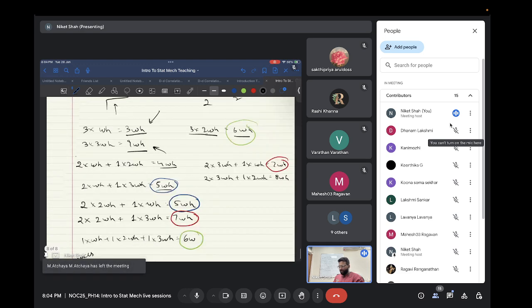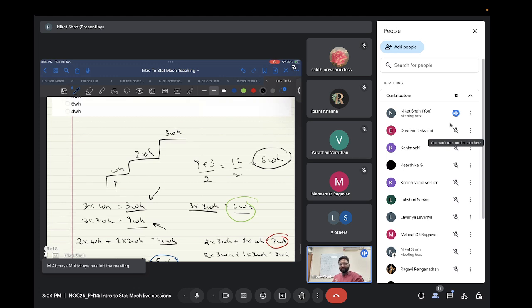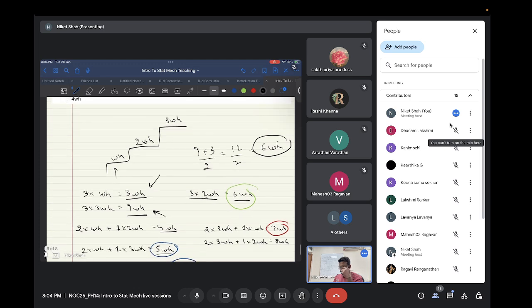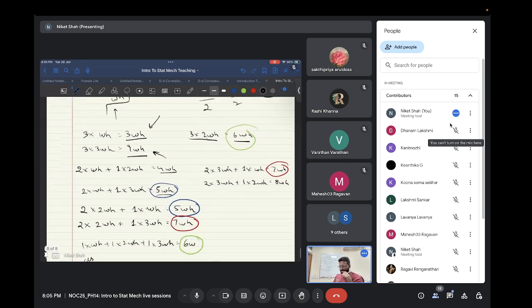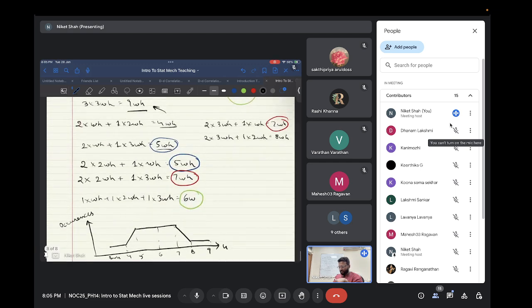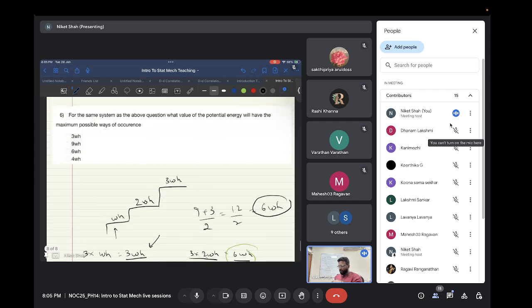I think I have covered all the possibilities from what I understand. If I've missed something, you can tell me. I think by doing this, I've covered all the possibilities, and this is the graph that you eventually get. So among the options, the maximum possible ways of occurrence happen for 6WH. So this has to be the answer.